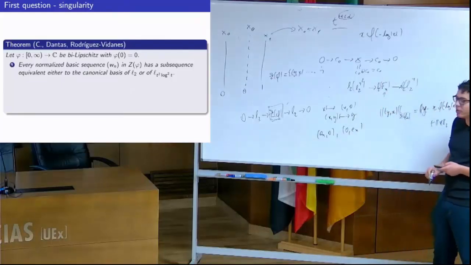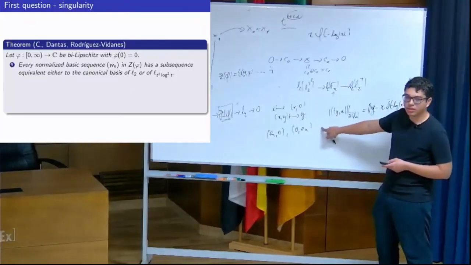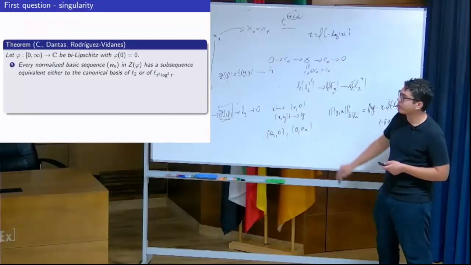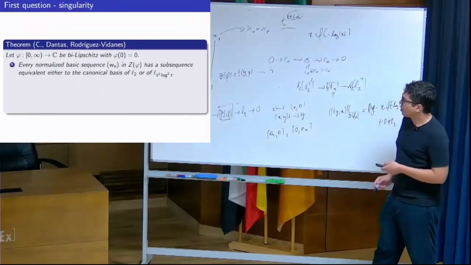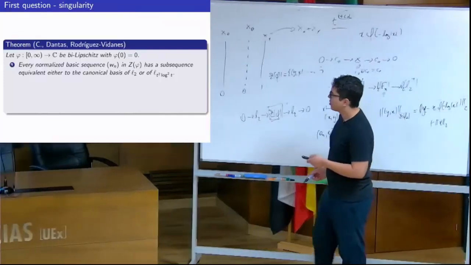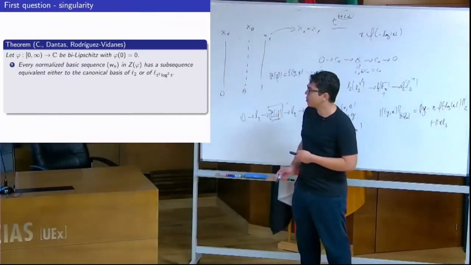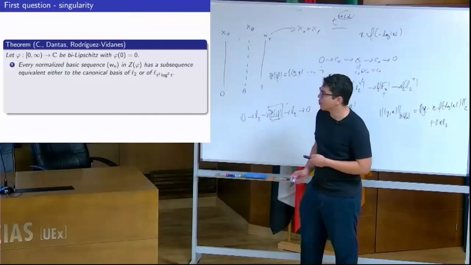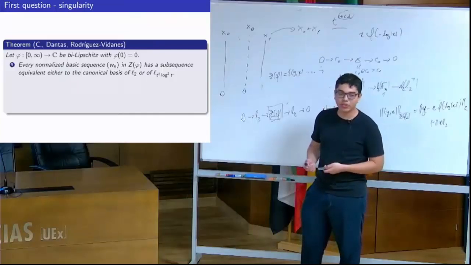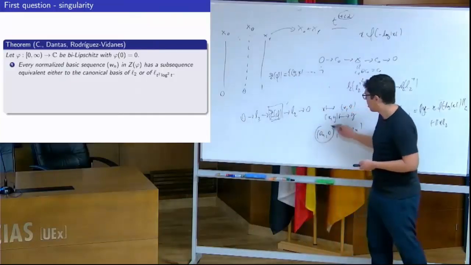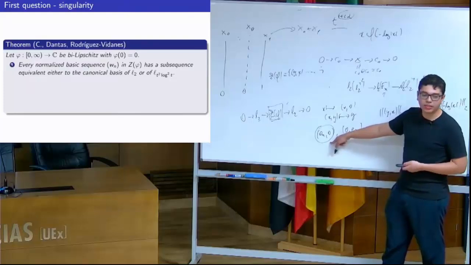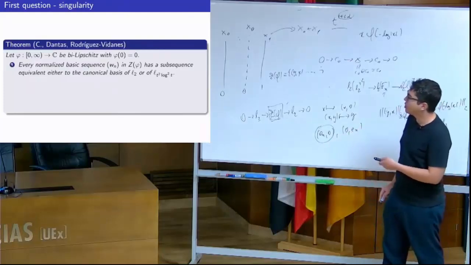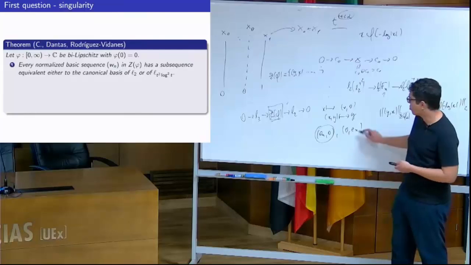So this is never an unconditional basis, okay? Unless Z_phi is Hilbertian. Now, if phi is b-Lipschitz, and if you take a normalized basic sequence, it has a subsequence equivalent either to the canonical basis of L2, which comes from here, from the first coordinate, or from this Orlicz space here, which comes from the second coordinate.